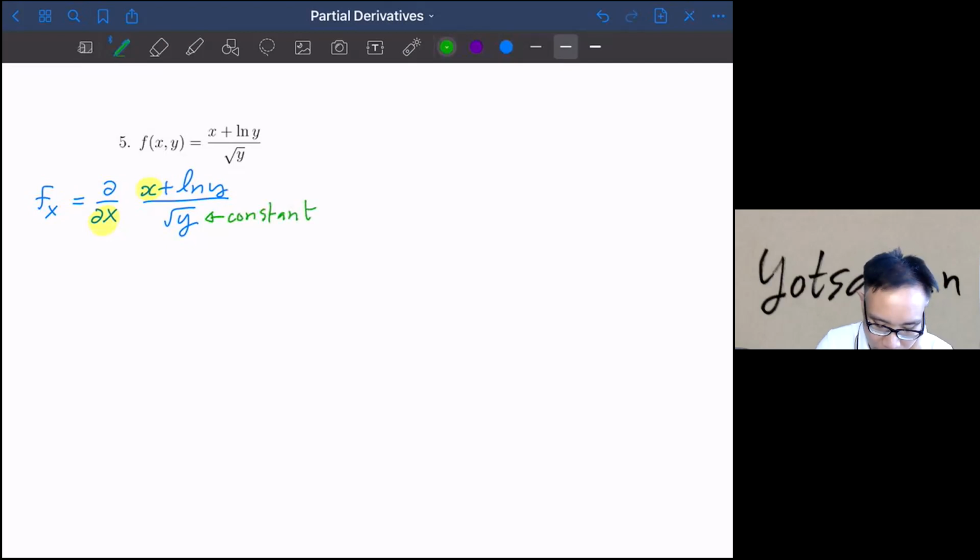So again, constant multiple. So you're going to just have 1 over root y, by pulling this outside, and you end up with d/dx of (x + log y). So this one is just a constant multiple.